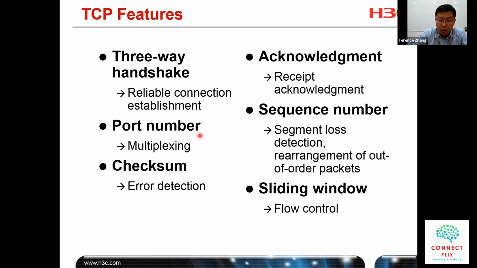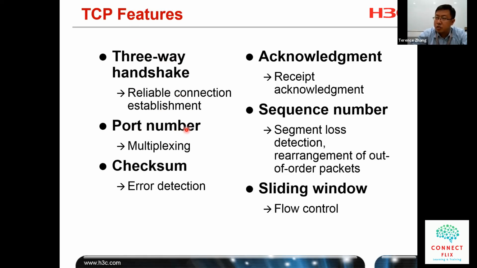Port number, we will see that in the next picture. Because the network layer protocol, the IP protocol, uses a protocol number to tell the difference between upper layer protocols. And for TCP, you use a port number to distinguish the difference between application layer protocols.